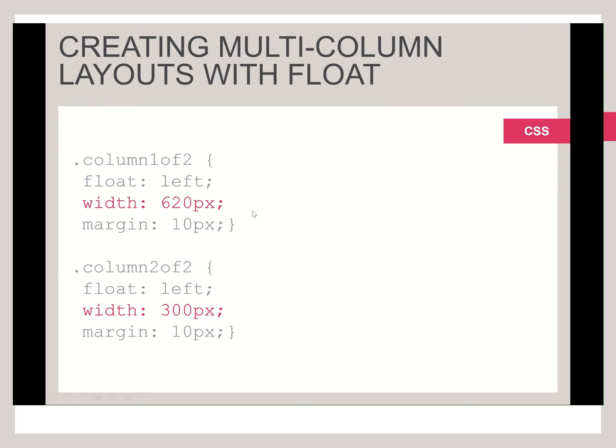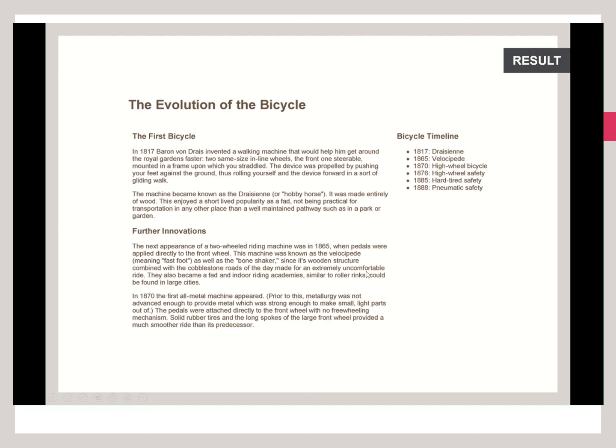Basically we use float, width, and margin. Usually we use these three: float, width, and margin, so the boxes are separated from each other. Width is how big you want to show, and margin is how much space you want to save between boxes on the left and right.